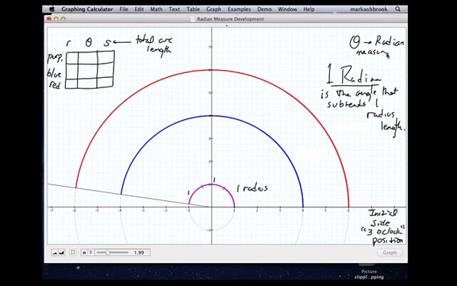It doesn't have to be radian, but theta is our standard symbol for angle measure. In this case, we're dealing with radians. So this is radius, this is angle measure, and this is total arc length.